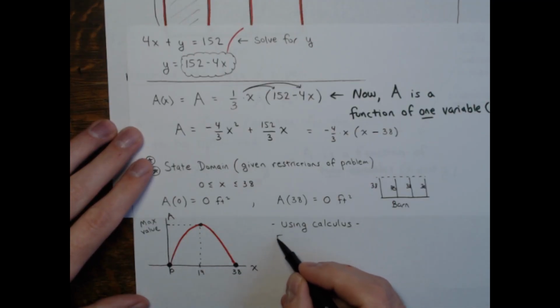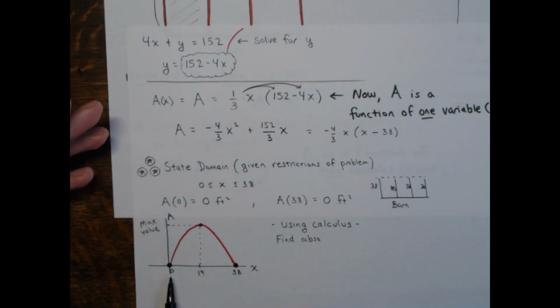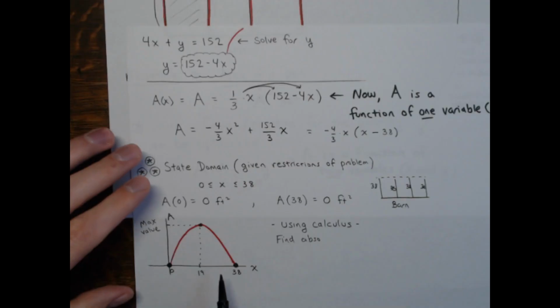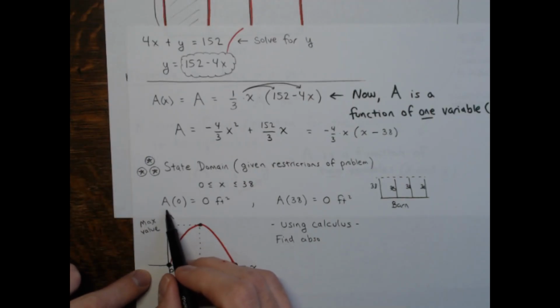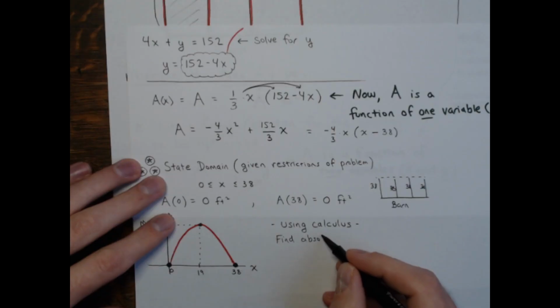What we're trying to do here is find the absolute maximum: what is the largest area over this domain? So you see I already plugged in the ends, right? At 0, area is 0; at 38, area is 0, so definitely not the max over there.